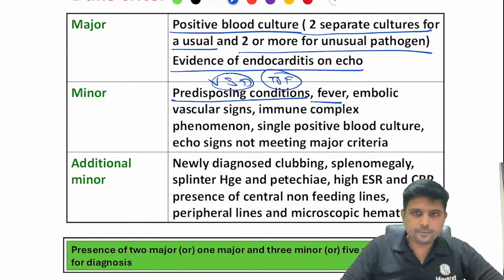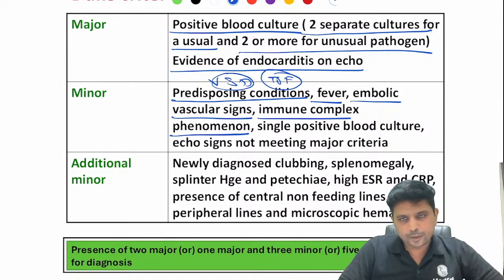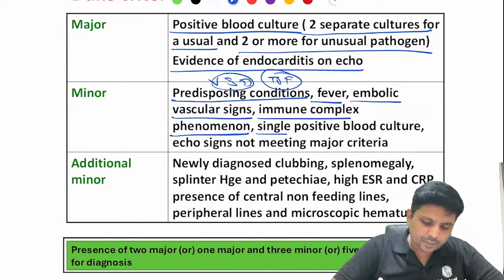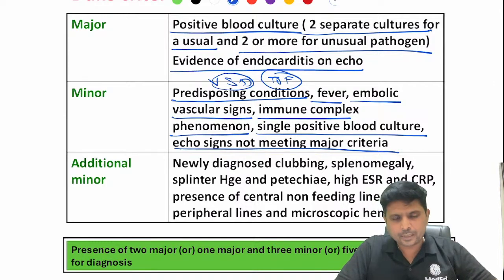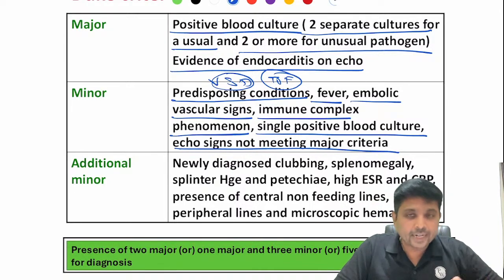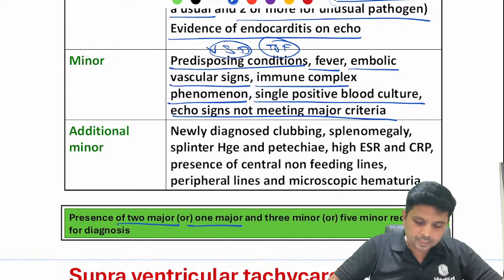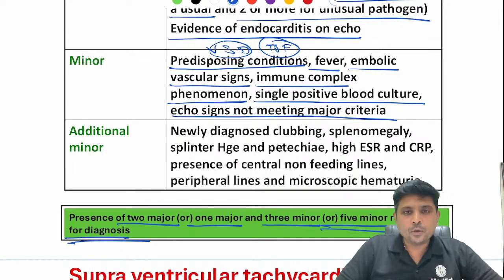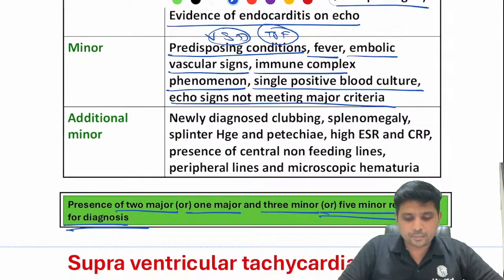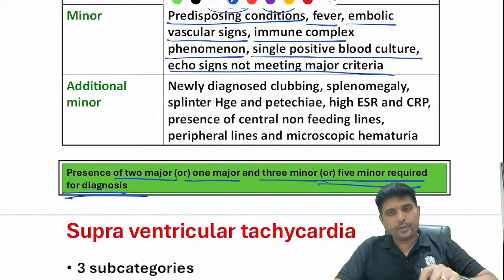Embolic manifestations, immune complex phenomena, petechiae, purpurae, so many things. When you have a single positive blood culture, or echo findings that don't meet the criteria, they come under minor rather than major criteria. Two major, or one major plus three minor, or five minor are required for diagnosis of infective endocarditis based on Duke's criteria.